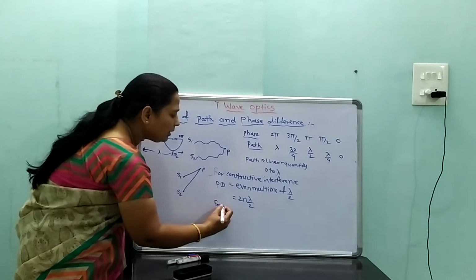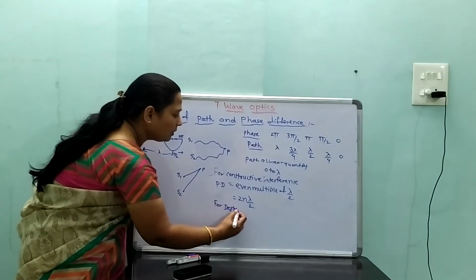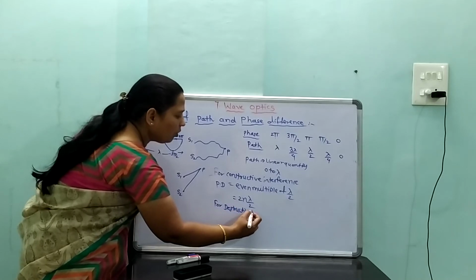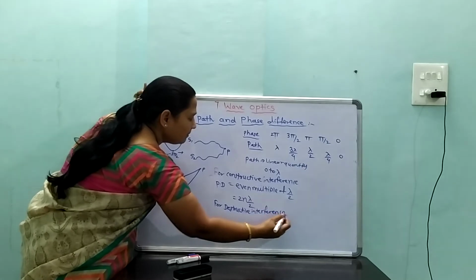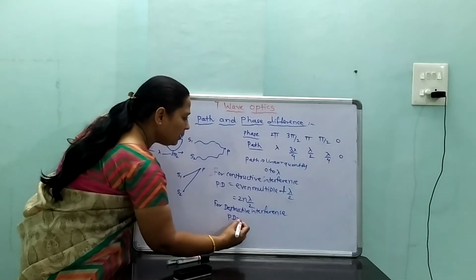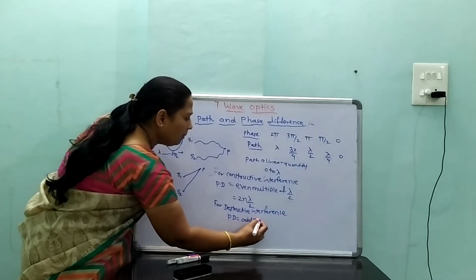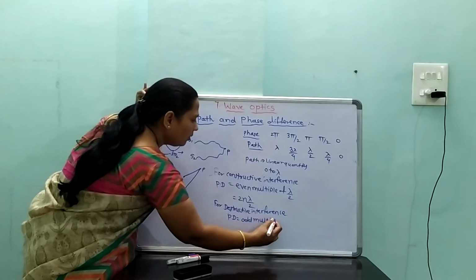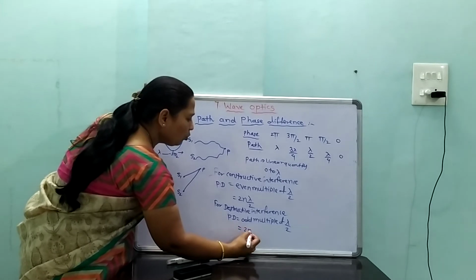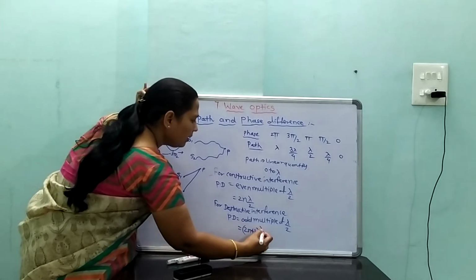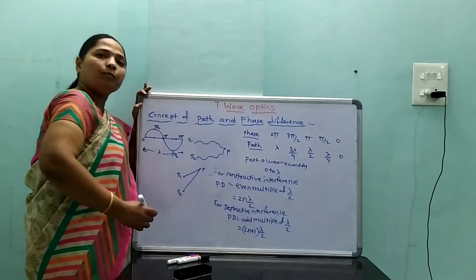And for the destructive interference pattern, the path difference is an odd multiple of lambda by 2, meaning (2n plus 1) lambda by 2.